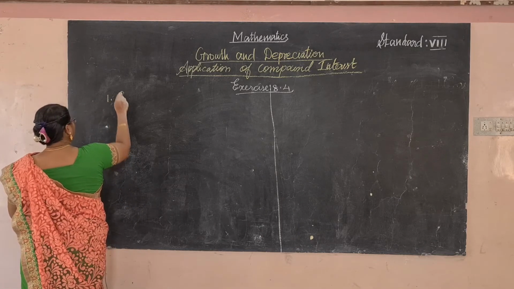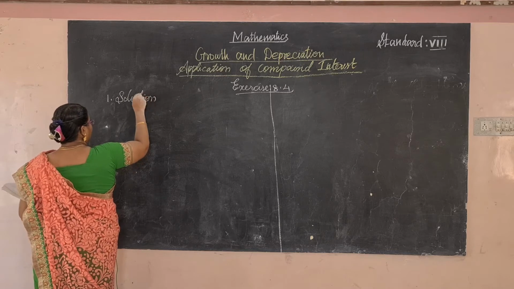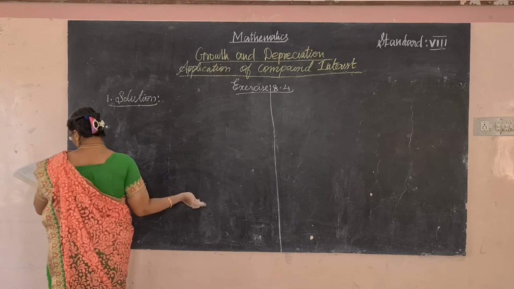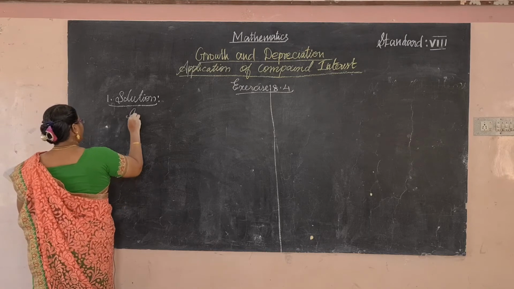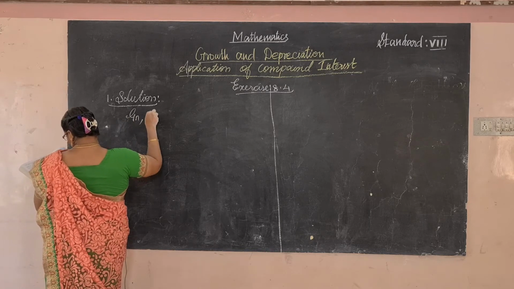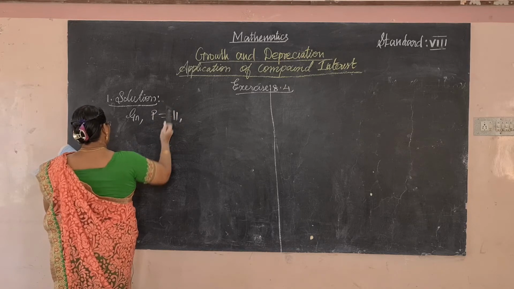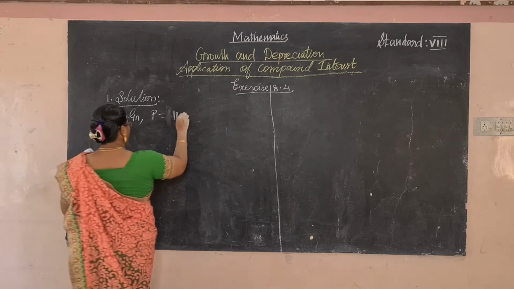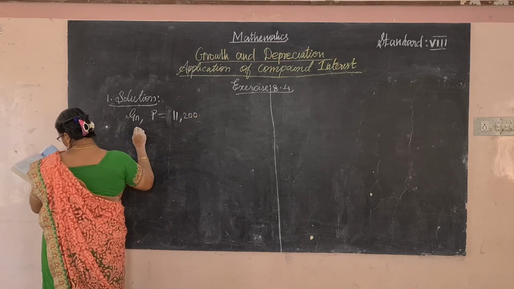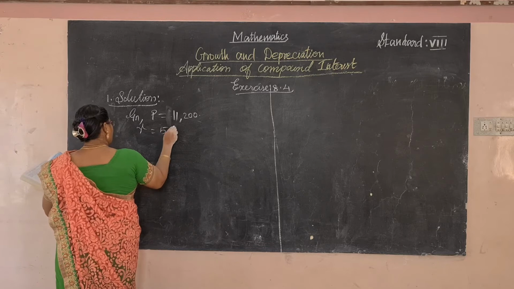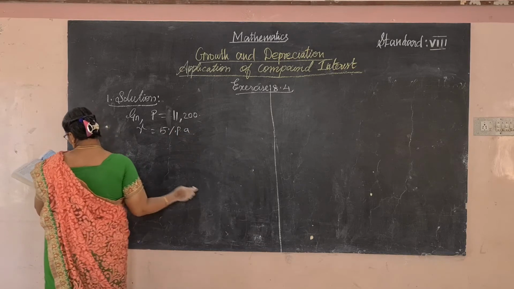The first one, solution. Given principal is the population, okay, 11,200 people, and the rate of interest is 5% per annum, that is every year.